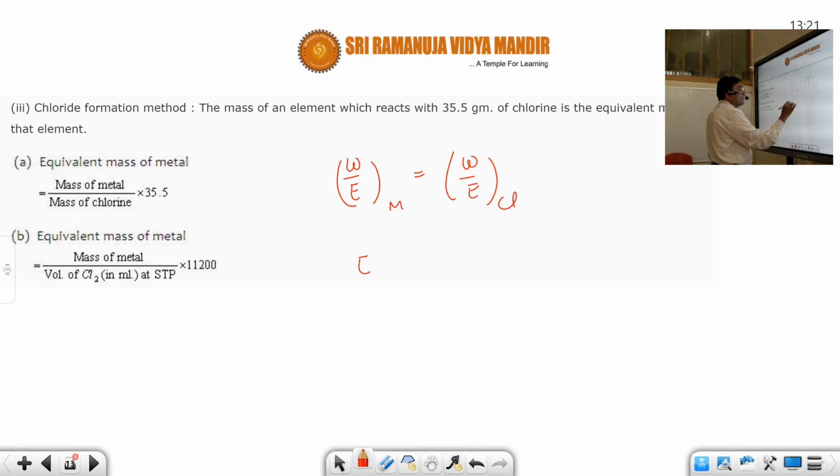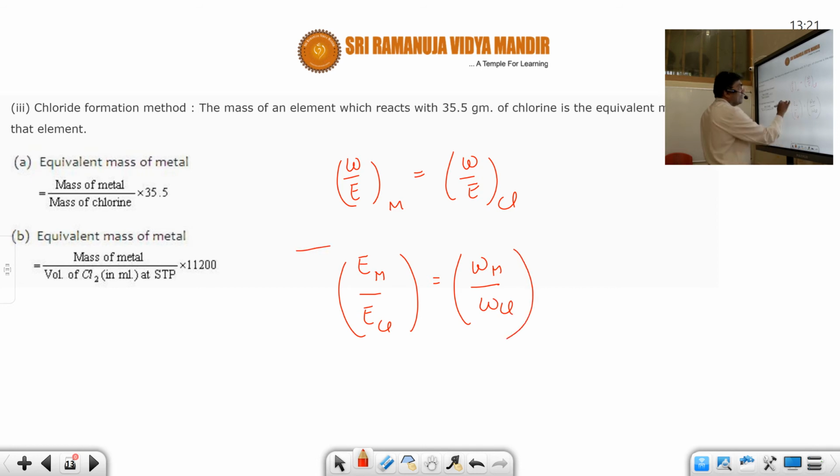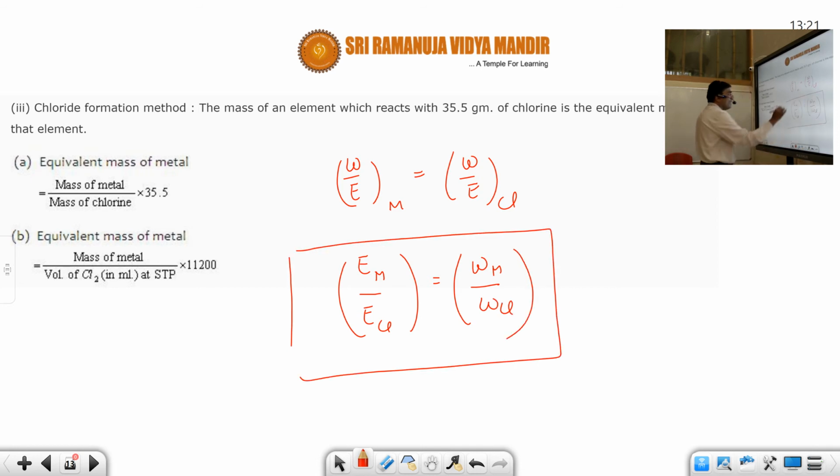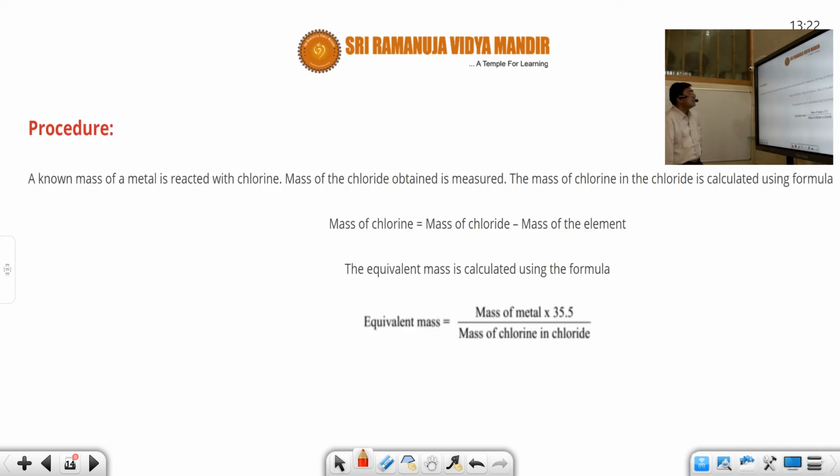Now equivalent weight of metal by equivalent weight of chlorine is equal to weight of metal by weight of chlorine. So this is the formula which you have to apply for chloride formation method. So if you are using volume, you can write mass of the metal by volume of chlorine at STP into 11,200.